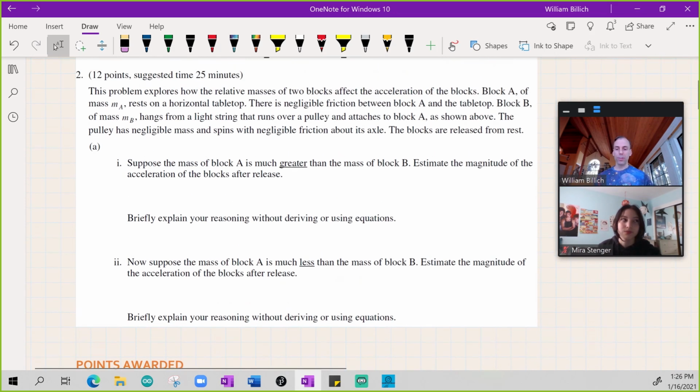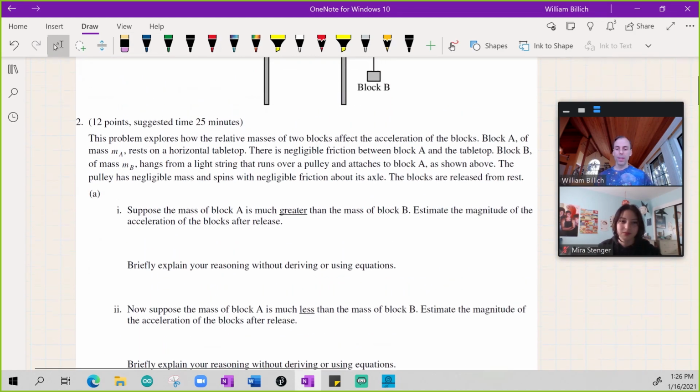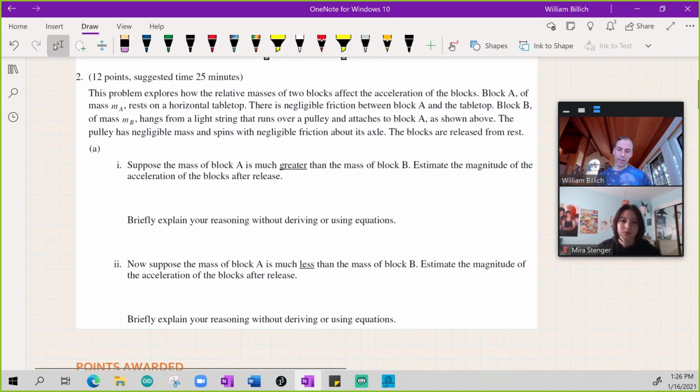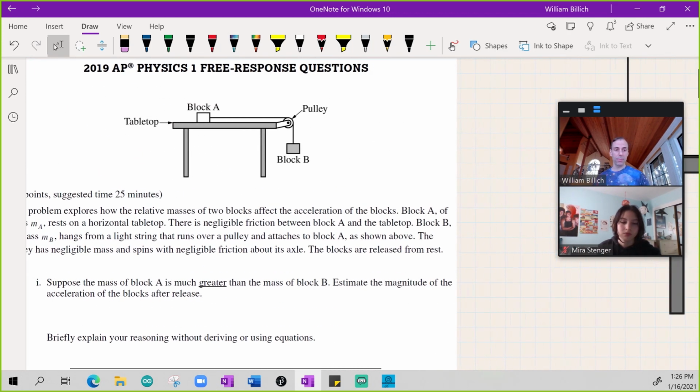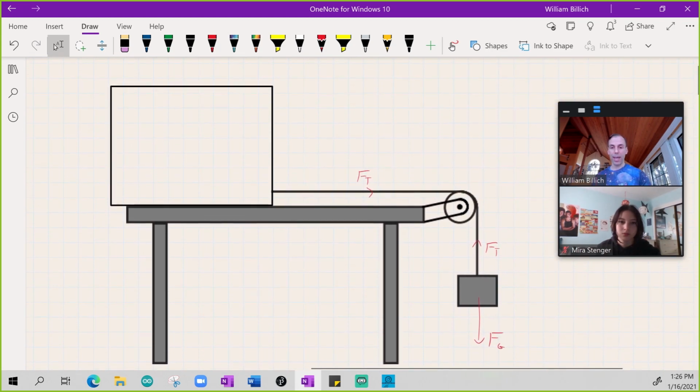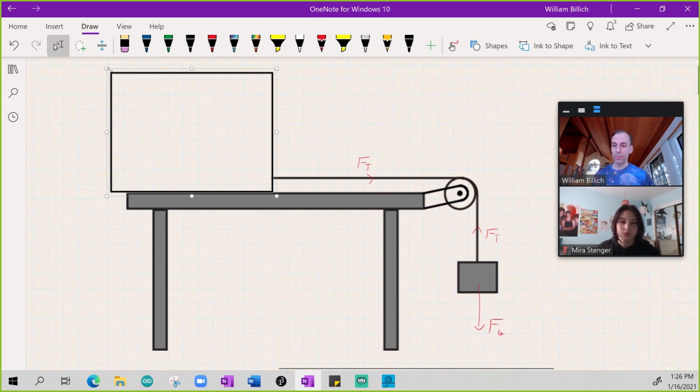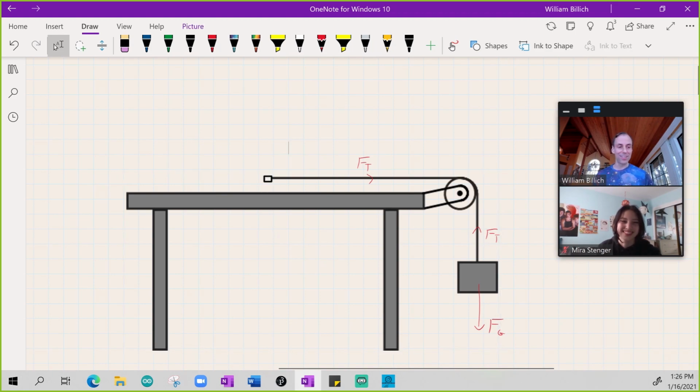All right, so next part. Now, suppose the mass of block A is much less than the mass of block B. So let's simulate that over here. We made a mass very large. Let's make this mass very tiny. Tiny little guy. Okay, it's floating off of the plane right now, but we get the idea.